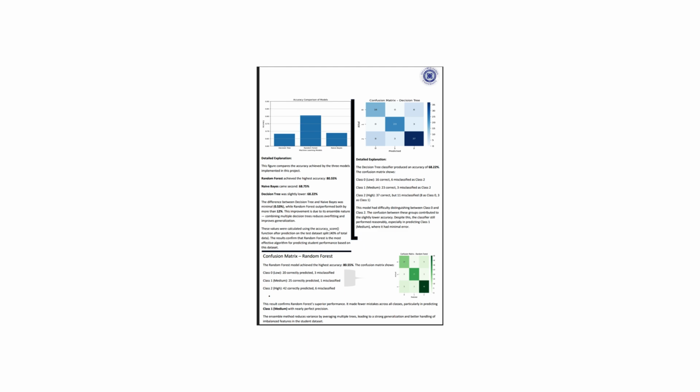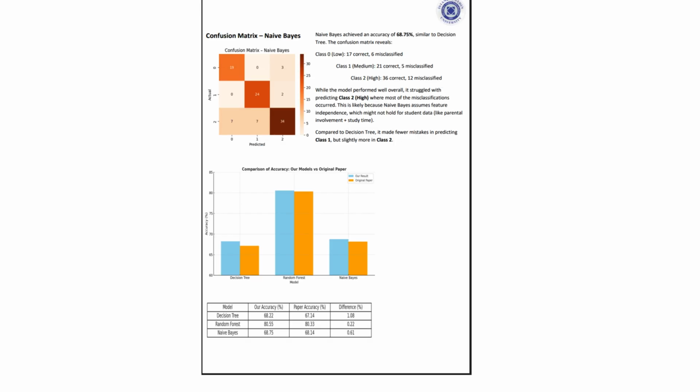And the confusion matrix for random forest shows the better result. It predicts all classes with fewer mistakes, especially class 1 where it was almost perfect. Random forest is the best model.